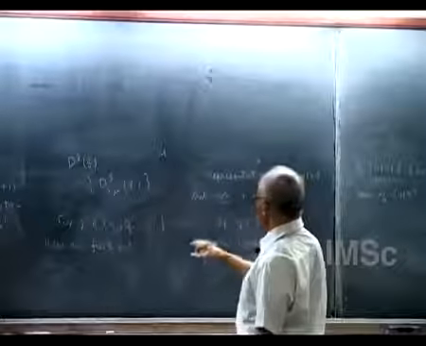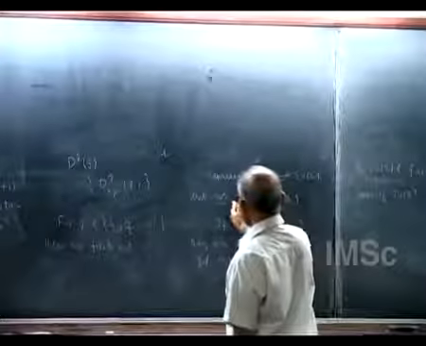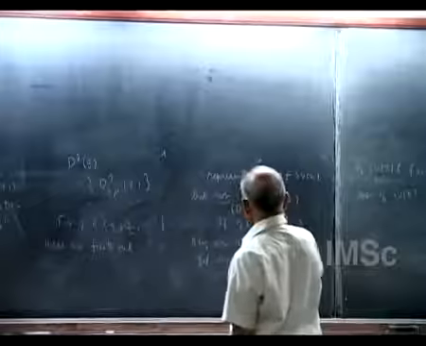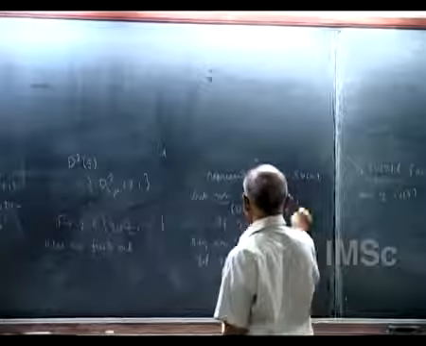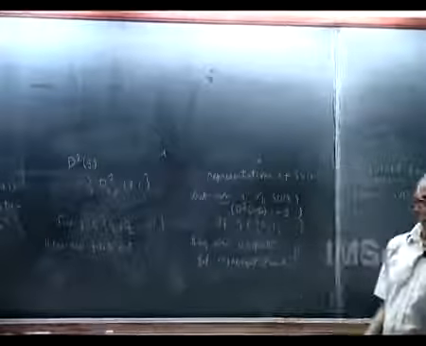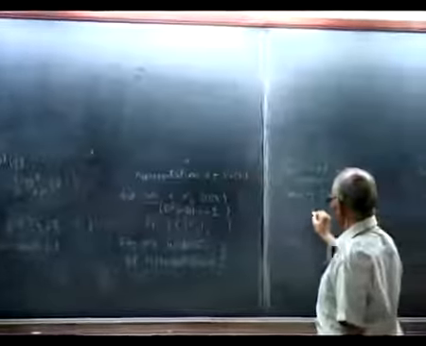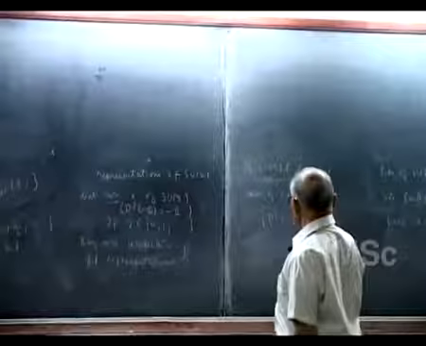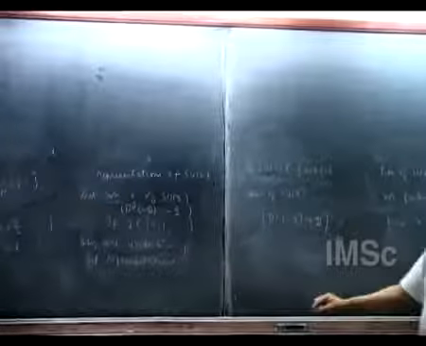So what happens is that in these cases dj of minus 1 is a matrix minus 1 of dimension 2j plus 1 by 2j plus 1. Okay. In this case dj of minus 1 is plus 1.